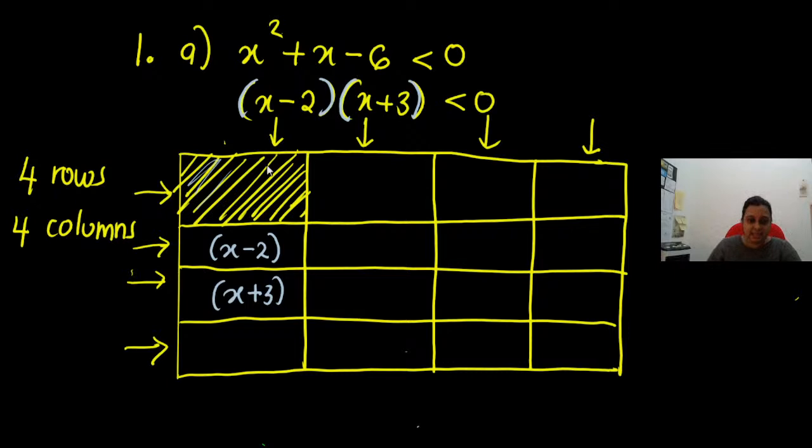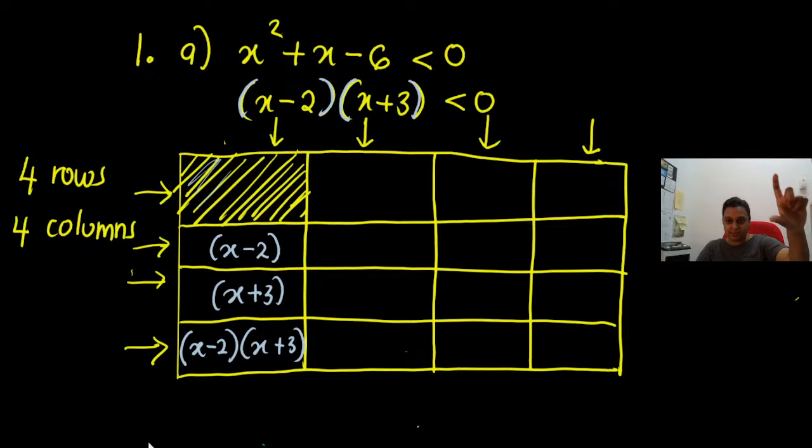And then the last one, copy both: x minus 2, x plus 3. So the first row, copy x minus 2. Second row, copy x plus 3. Third row, copy both, x minus 2, x plus 3. Okay, done.